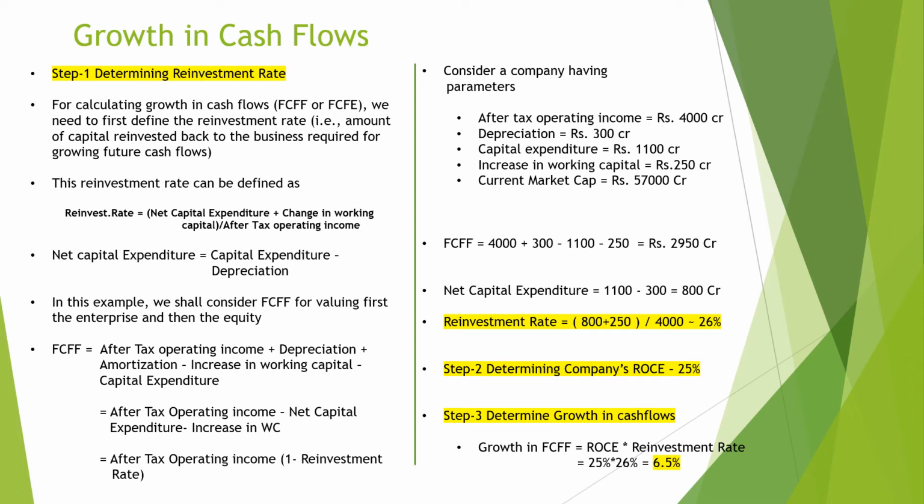We have already calculated in the previous slides the free cash flow to the firm, which is the after tax operating income adjusted for capital expenditure and increase in working capital. In the previous part, part two of this video, we took the same example, where the company has a weighted average cost of capital of 13.72 and the market cap of the entire company is 57,000 crores.